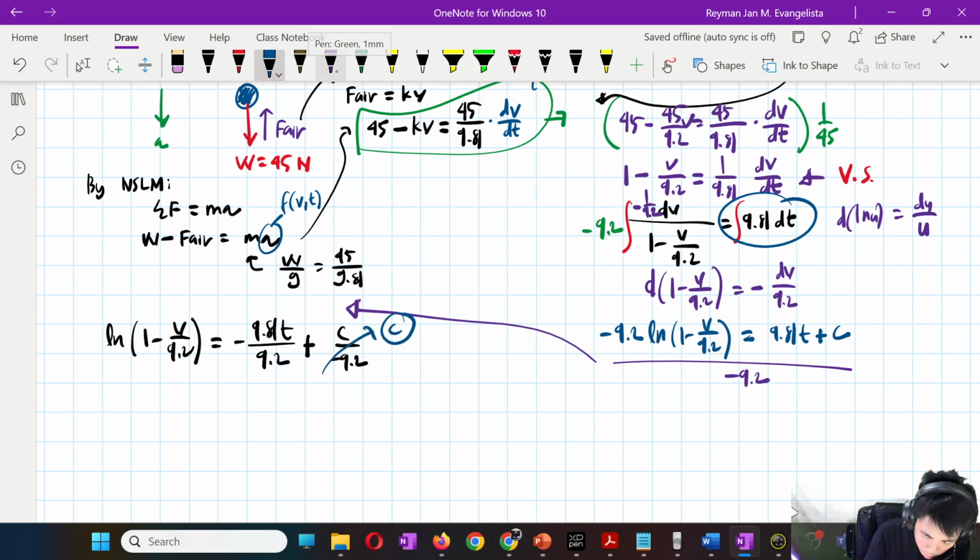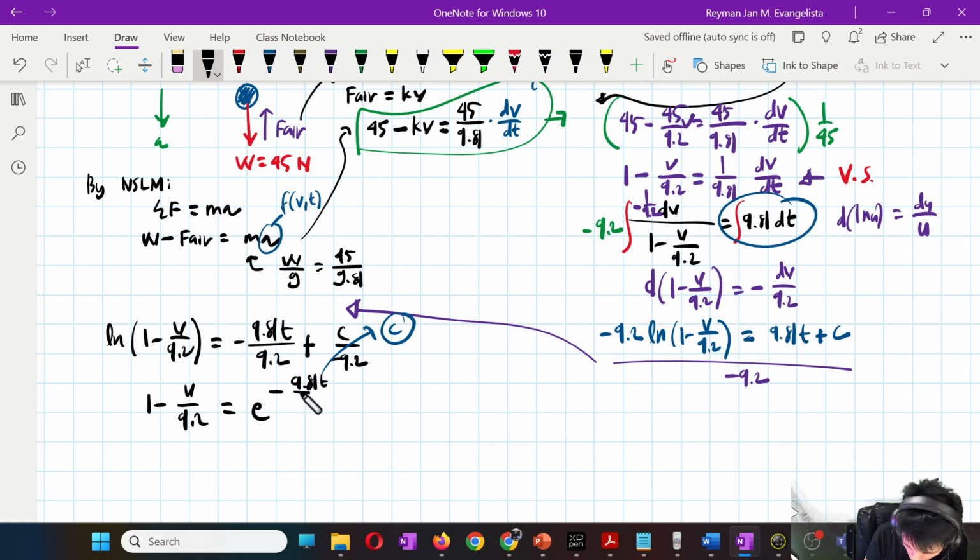We rewrite the equation: since we have a natural log here, we can write the equation into exponential form. So it will become 1 minus v over 9.2 equals e raised to negative 9.81 t over 9.2 plus c.